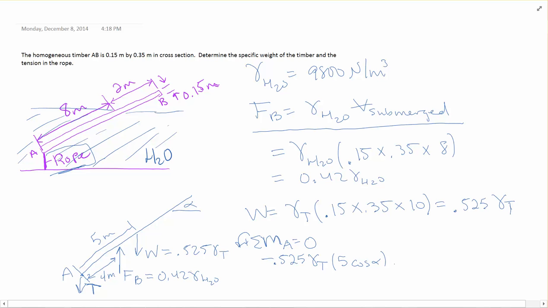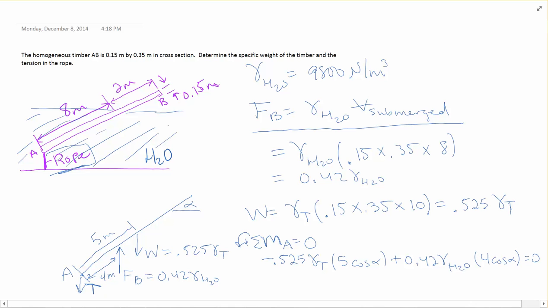Next, let's look at the buoyant force. That's going to be a positive moment. So we're going to have plus 0.42 gamma H2O. And we need another horizontal distance, so that one's going to be 4 cosine alpha. And then that needs to equal 0.